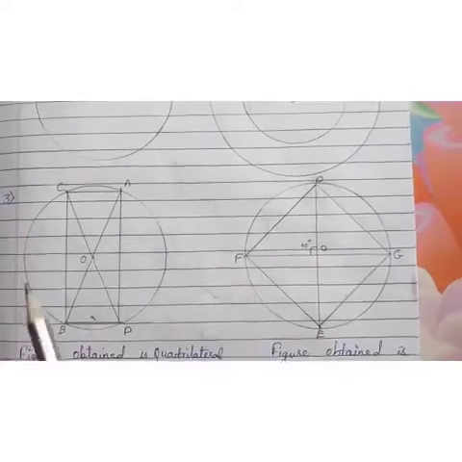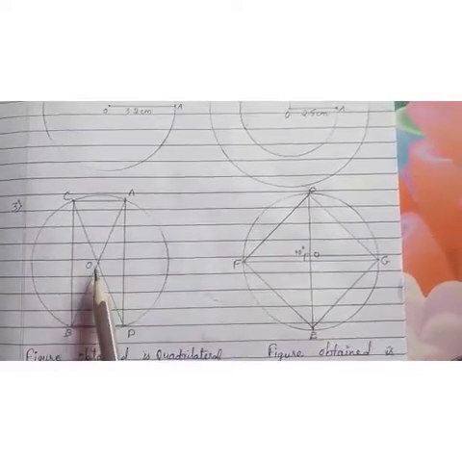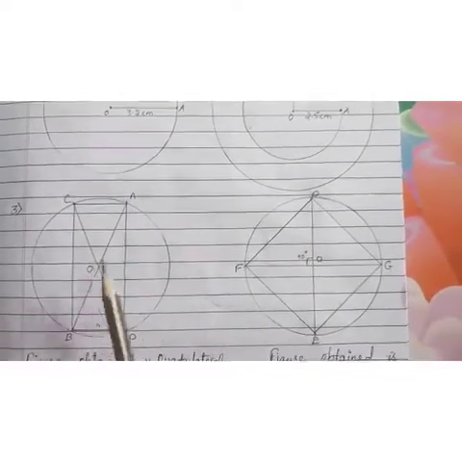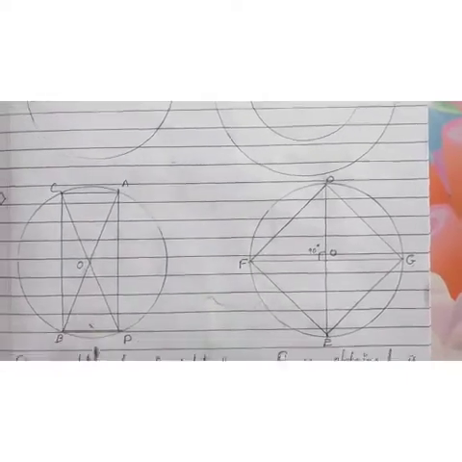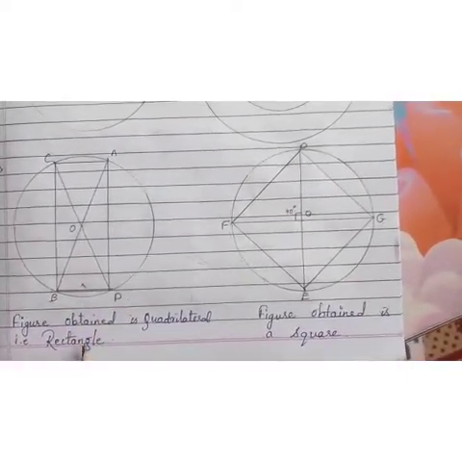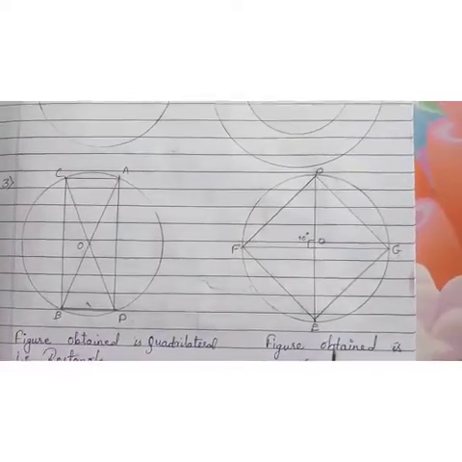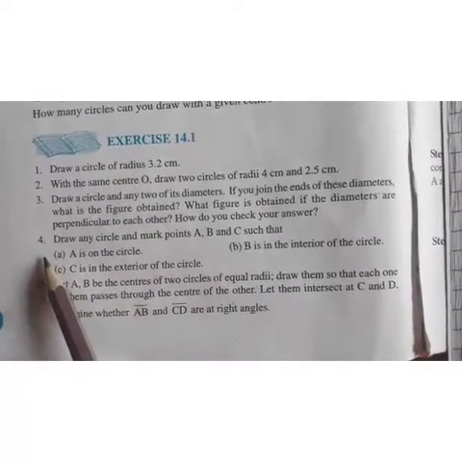So children, you have to draw two circles, where in one circle you draw the diagonals anyhow, not perpendicular, and in the second one draw perpendicular diagonals and just write the figure formed. So in the first case the figure formed is a rectangle and in the second case the figure formed is a square. Moving on to question number 4.